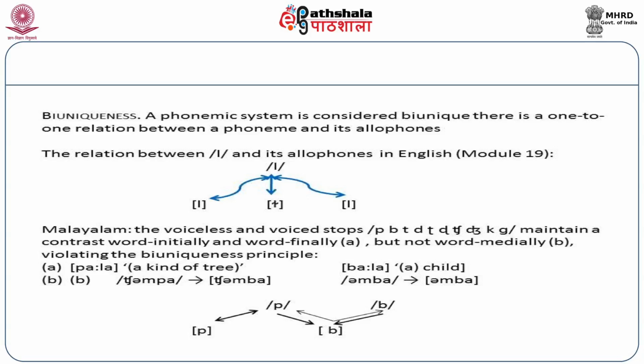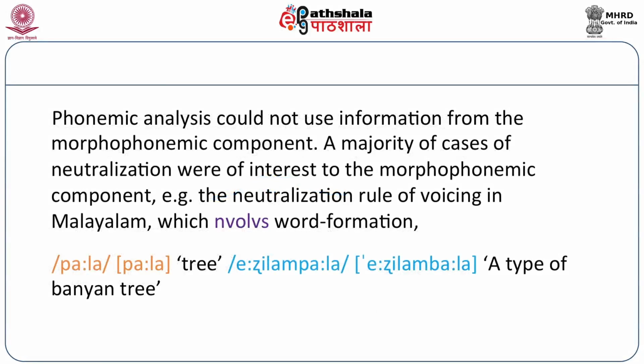There are two kinds of examples that tell us that the mixing of levels is something that cannot be avoided. One is examples of rules such as voicing in Malayalam. We find that the voicing takes place mainly in word formation.